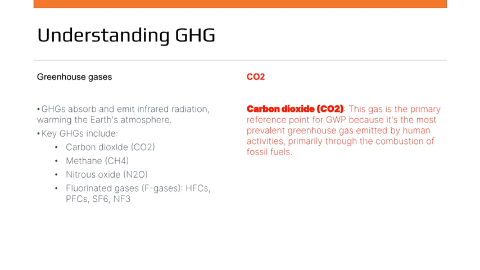Understanding the characteristics and environmental impacts of key greenhouse gases is essential in LCA. Carbon dioxide, methane, nitrous oxide, and fluorinated gases play significant roles in global warming and climate change. By delving into the specifics of these gases, businesses can tailor their sustainability strategies to address high-impact areas and reduce their carbon footprint effectively.